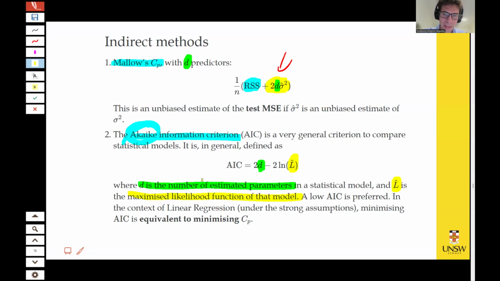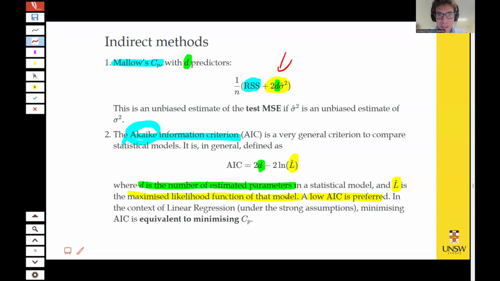Maximized, yes, because you fitted the parameters to make it as big as possible. Now, convince yourself that a low AIC is preferred. A model will be judged to be better if this quantity is as low as possible. Well, yes, because there's a minus here. You want to maximize the likelihood, equivalently the log likelihood, but then it means you want to minimize the negative of the log likelihood. So the smaller this is, the better.